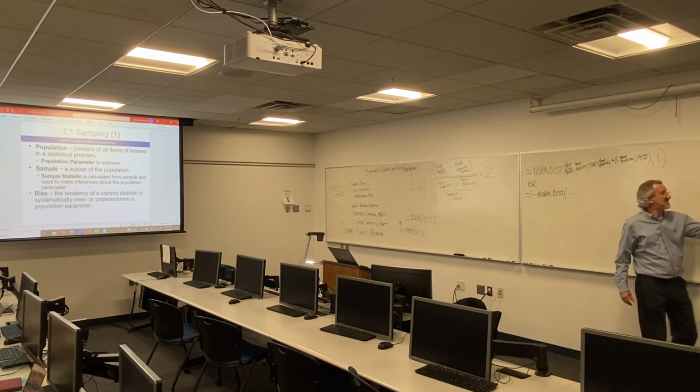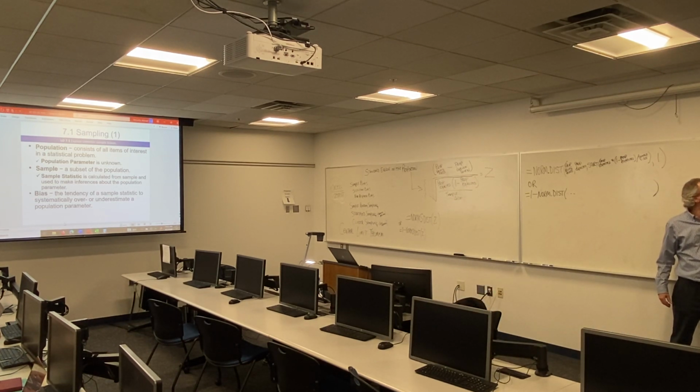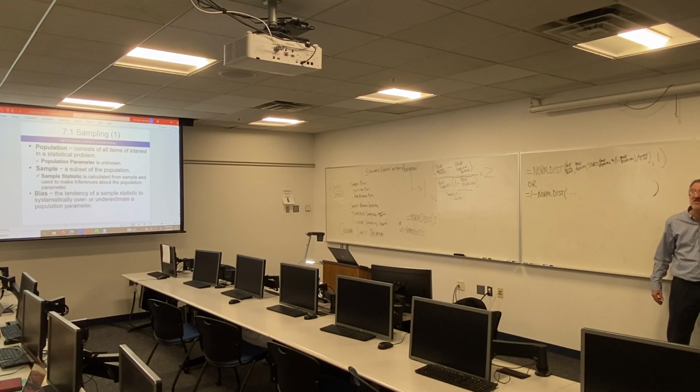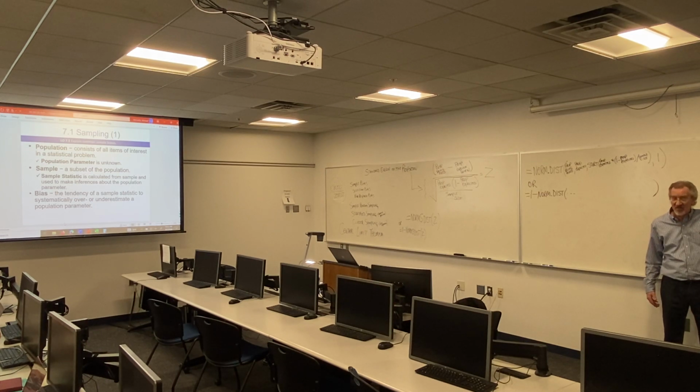For proportions, you have to take the sample size times the expected or given proportion and see if that's greater than or equal to 5. And you also have to take the sample size times 1 minus the expected or given proportion and make sure that's greater than or equal to 5. Both of these have to be true at the same time for the central limit theorem to work.